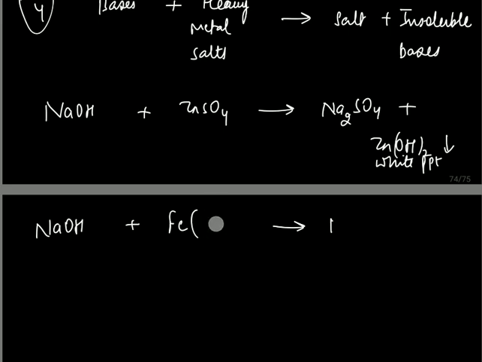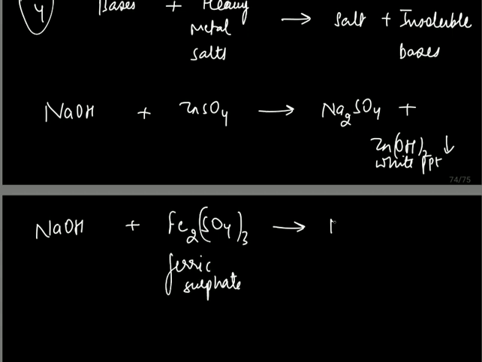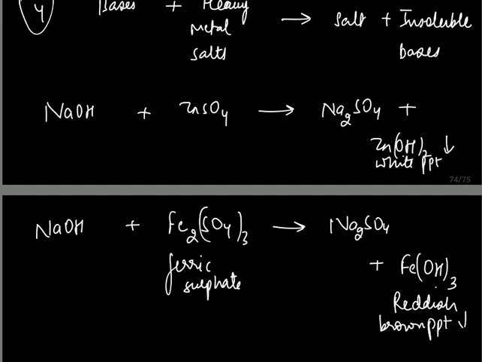Sorry, my mistake, the salt we have to take is Fe2(SO4)3, which is ferric sulfate. Even here ferric hydroxide Fe(OH)3 is formed along with Na2SO4; I'm not balancing it, you can do that on your own. Ferric hydroxide is a reddish brown precipitate that we discussed before.